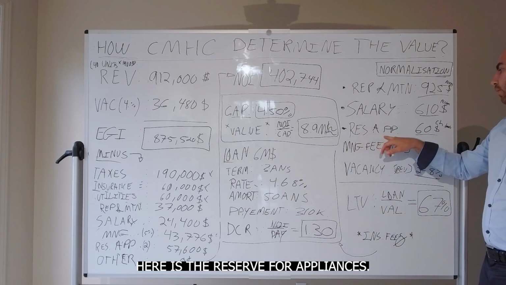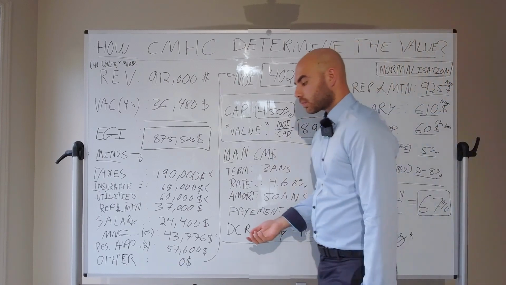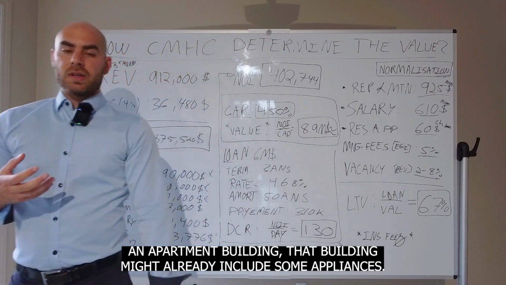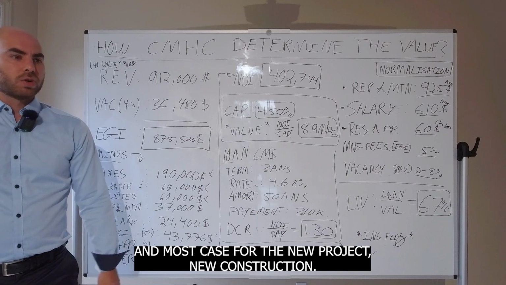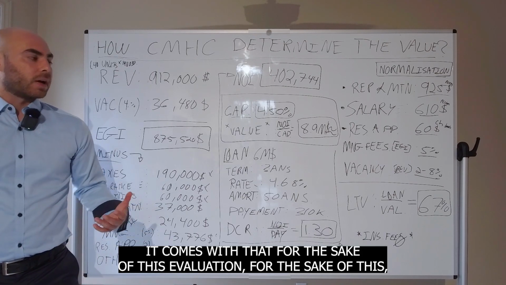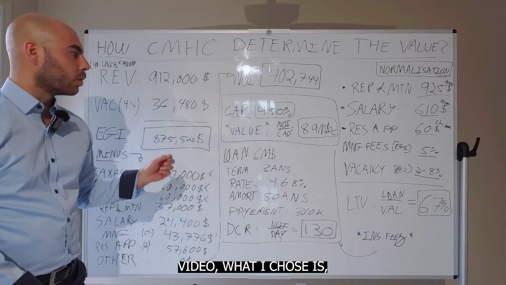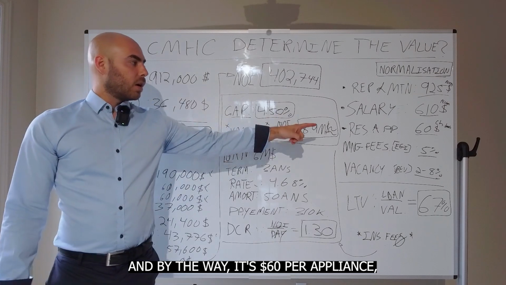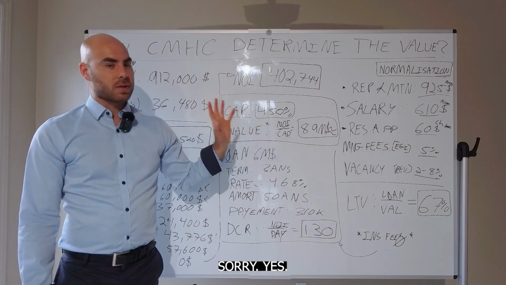Here is reserve for appliances. So basically when you move to an apartment building, that building might already include some appliances. In most cases, for a new project, new construction, it comes with that. For the sake of this evaluation, for the sake of this video, what I chose is, and by the way, it's $60 per appliance per month, sorry, yes.